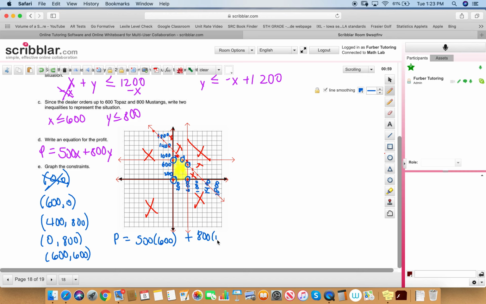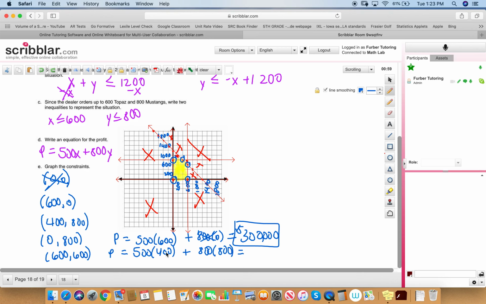So for the first one, they didn't make any Mustangs, so that's 500 and 600, and that's going to multiply to make $300,000 if that's what they make. For the next one, it's going to be 400 topazes and 800 Mustangs.